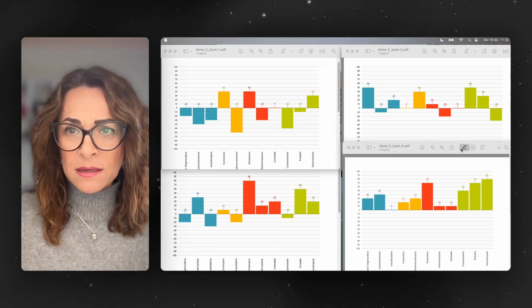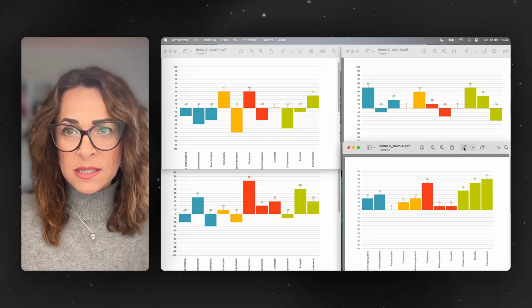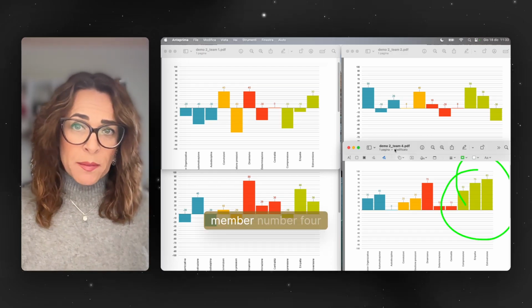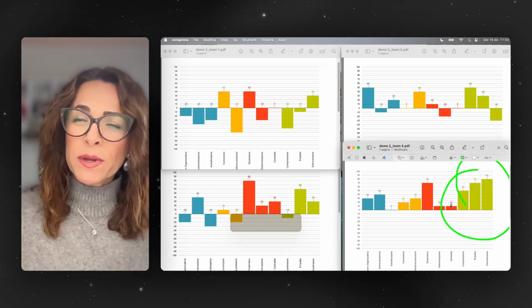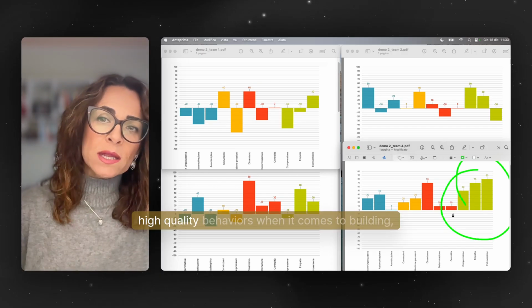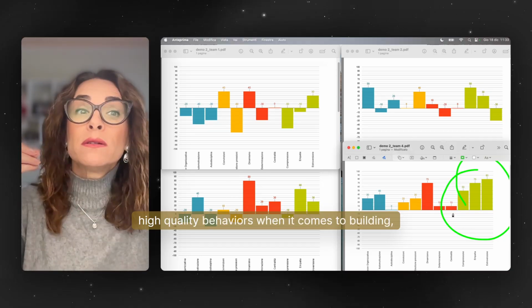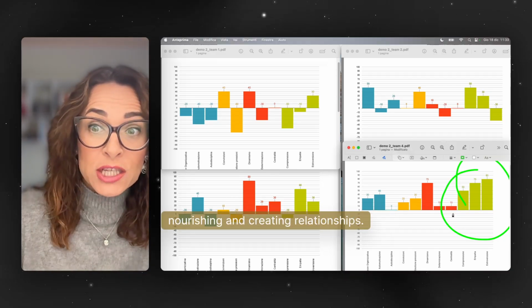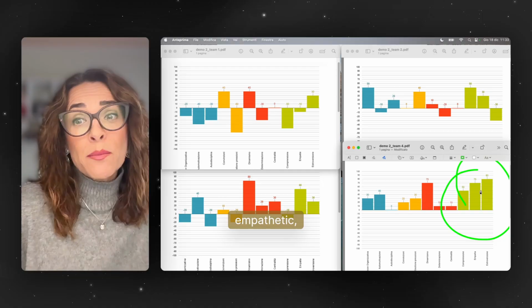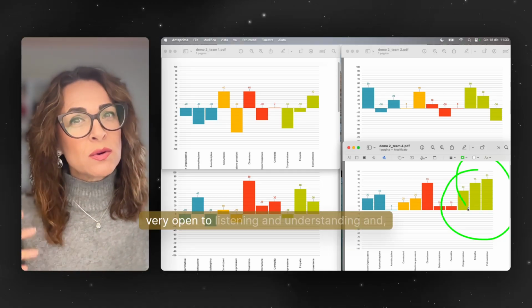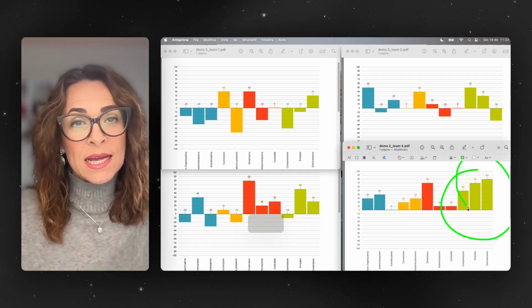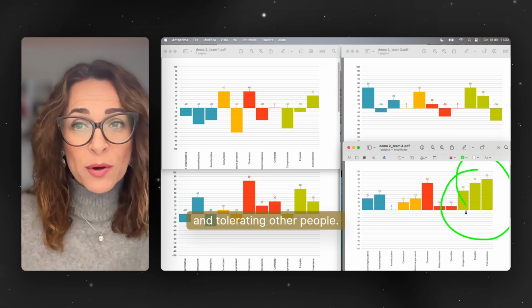So this person, member number 4, has really good, high quality behaviors when it comes to building, nourishing, and creating relationships. They're extroverted, empathetic, very open to listening and understanding and tolerating other people.